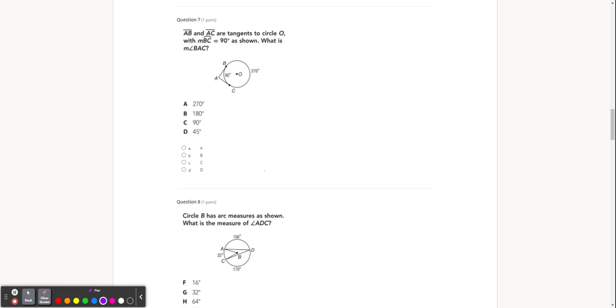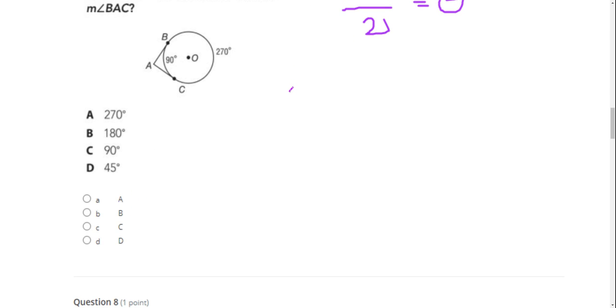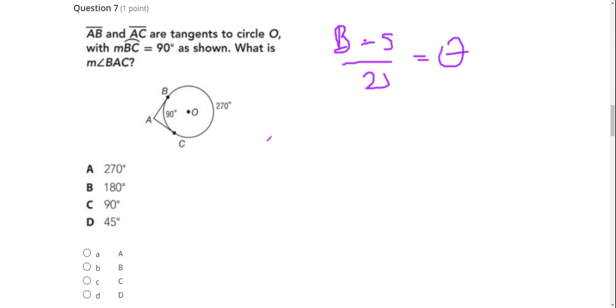Okay, so let's do 7 first. This is what we did today. So we're going to do big minus small divided by 2 equals your angle. So if we look at question 7, what's the big arc? So we're going to do 270.